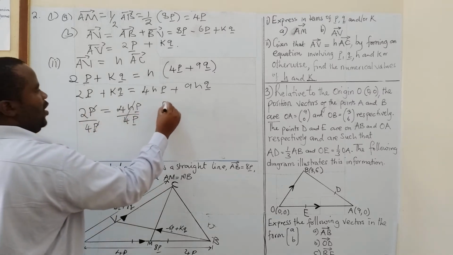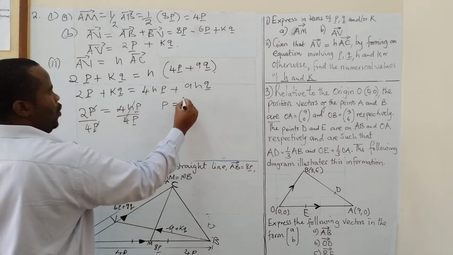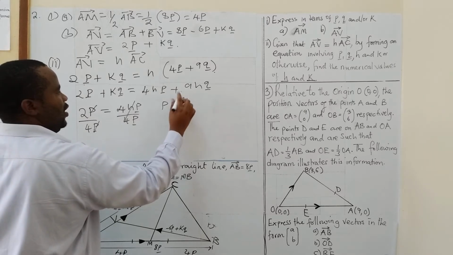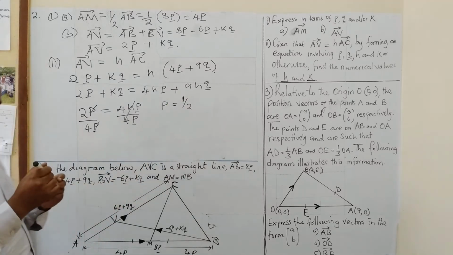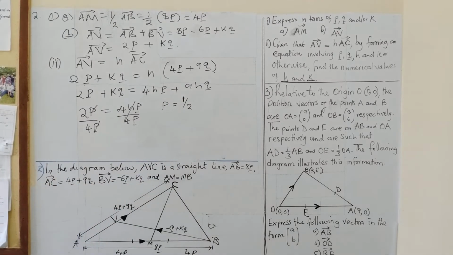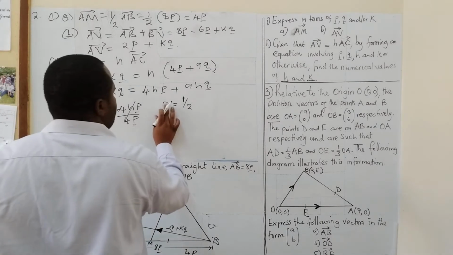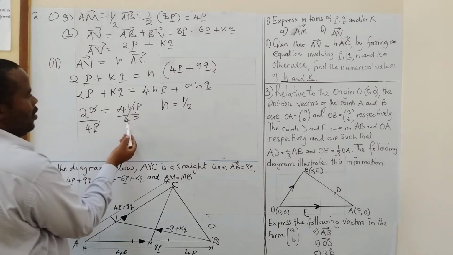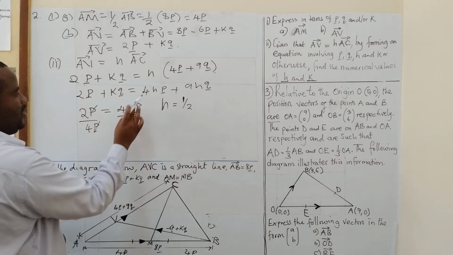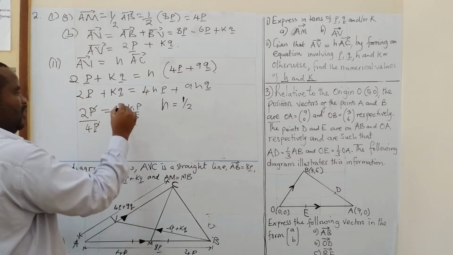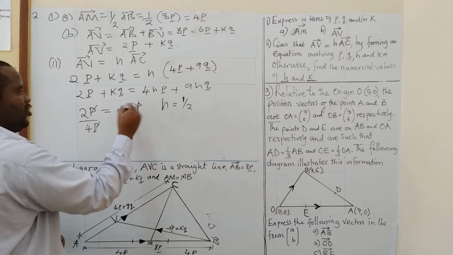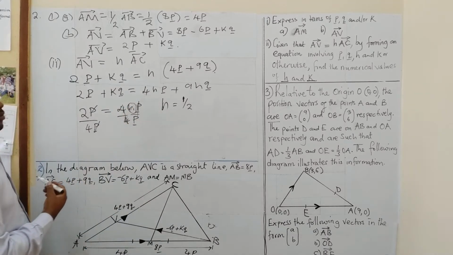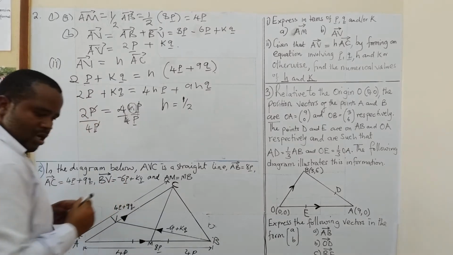We have got h, that is equal to 1 over 2. Right? That is the answer. Take note, this is h, not p, because we have cancelled 4p and 4p, remaining with h. Alright? So h is half.